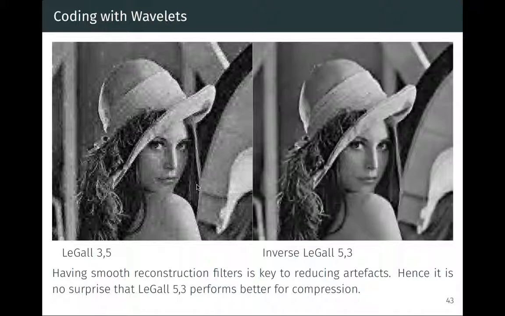And if you apply non-smooth filters on the reconstruction, then all the errors will be more pronounced. So usually what you want to have is reconstruction filters, so your G's, G0 of Z and G1 of Z, you want them to be quite well behaved and reasonable in shape, okay?